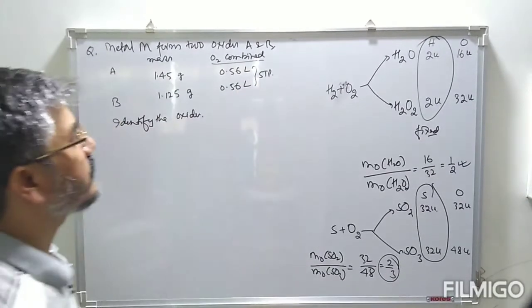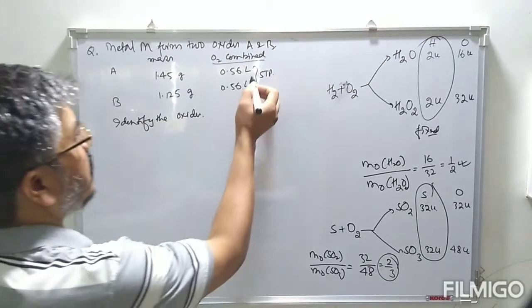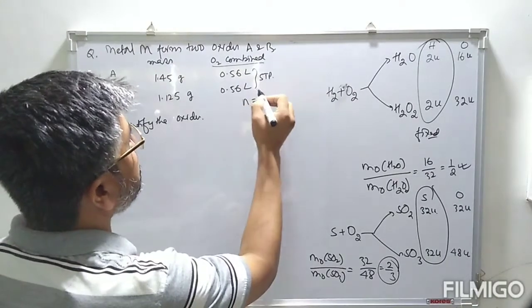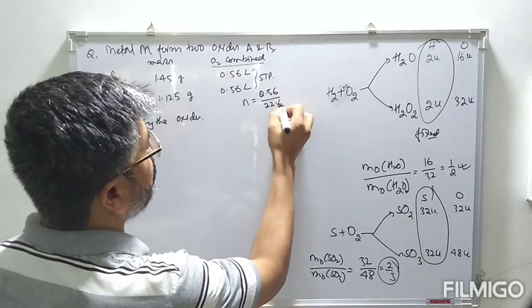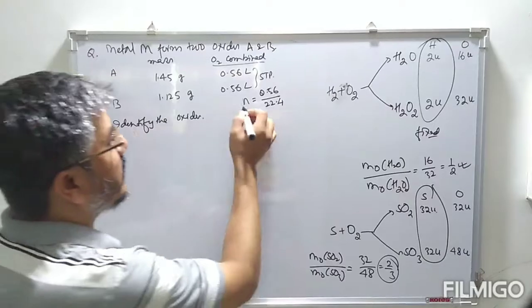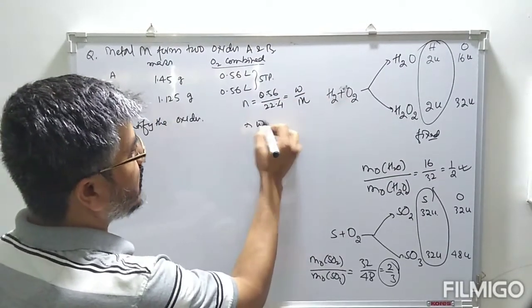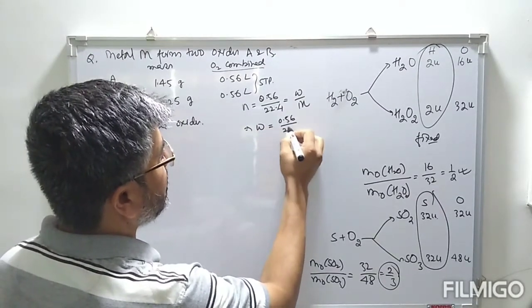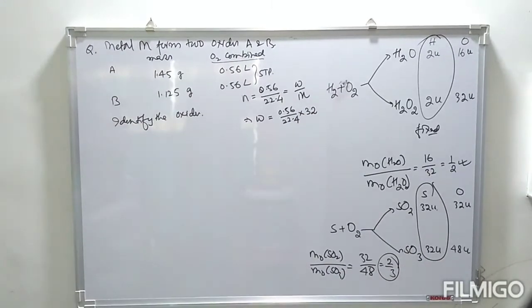So we have to convert this into mass. Look at this, it is 0.56 liter. At STP, the number of moles is 0.56 divided by 22.4 liter, the volume occupied by the gas at STP divided by the molar volume, and this number of moles is equal to mass by molar mass. Therefore the mass of oxygen is equal to 0.56 by 22.4 into 32.